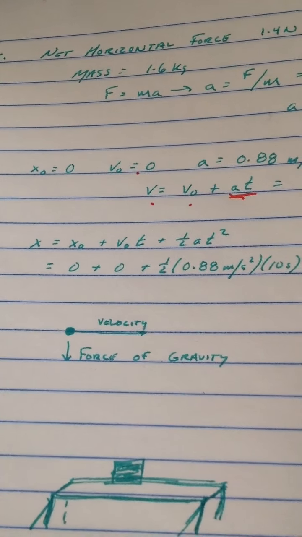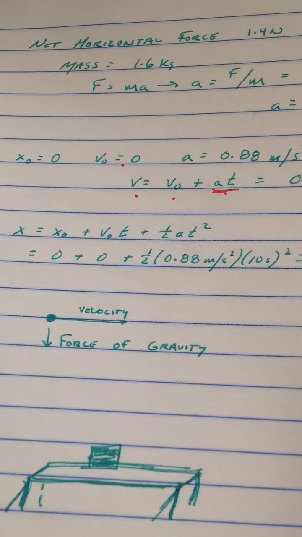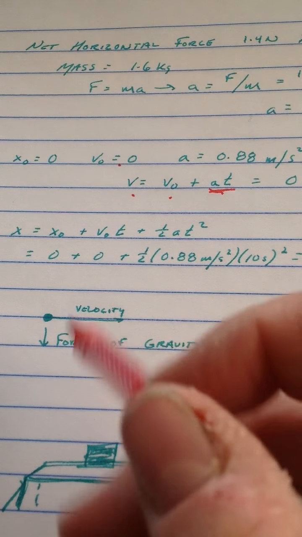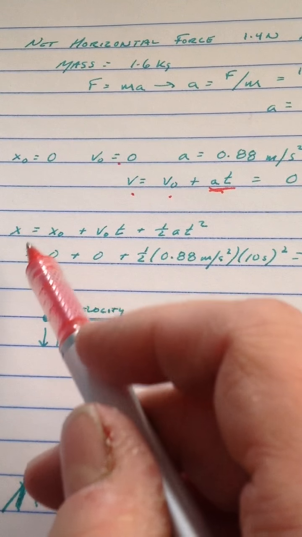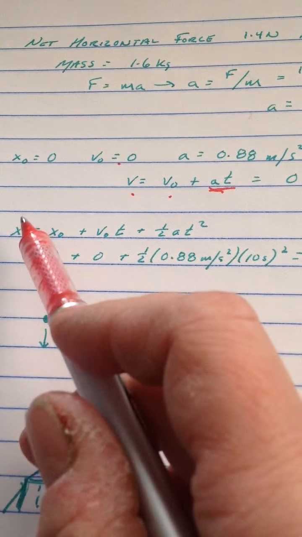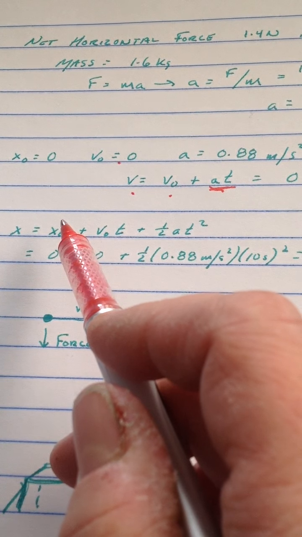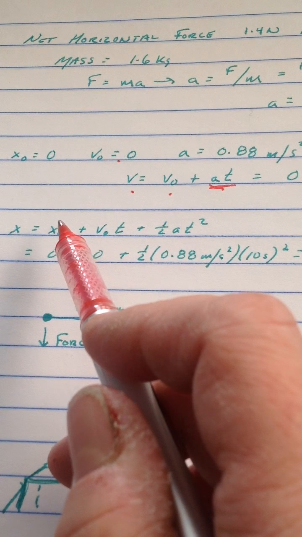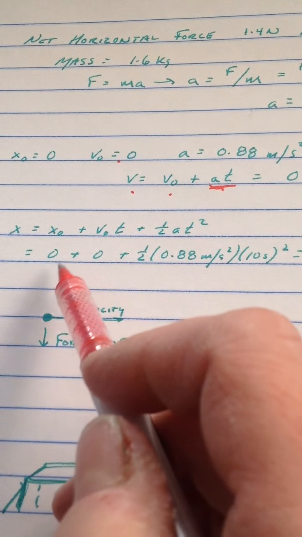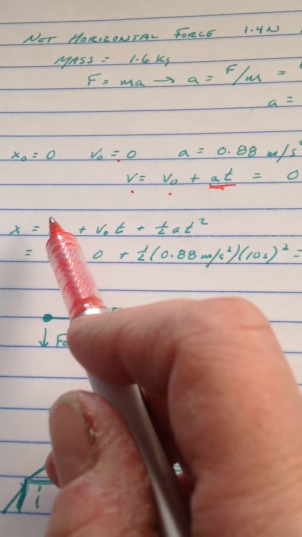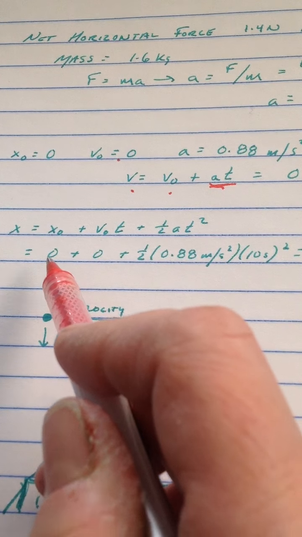All right, great. One more question we can ask about this foolish wagon is, at that point, at 10 seconds, how far will it have gone? Current position equals original position. We never gave the original position of the wagon, did we? This is one of those places where you, as the person calculating the problem, are powerful.